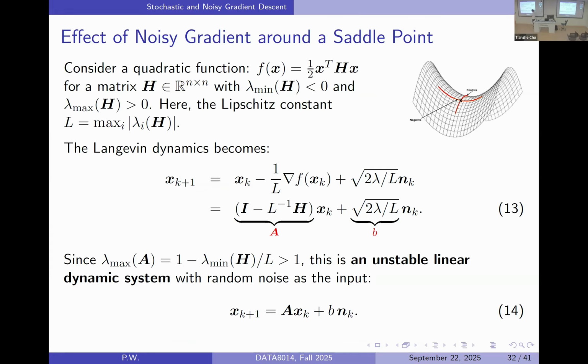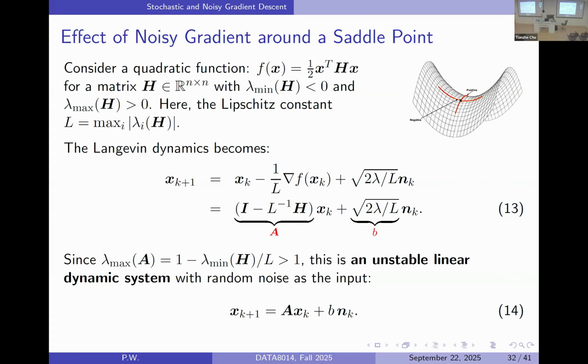You can compute the Lipschitz constant as the maximum of the absolute values of the eigenvalues. Then the Langevin dynamics can be written in this form: I minus H over L, times x_k, plus a noise term.